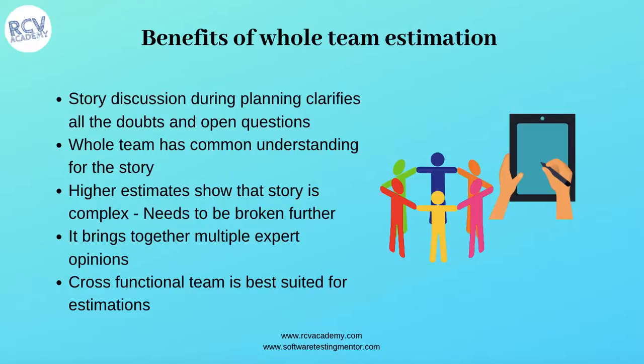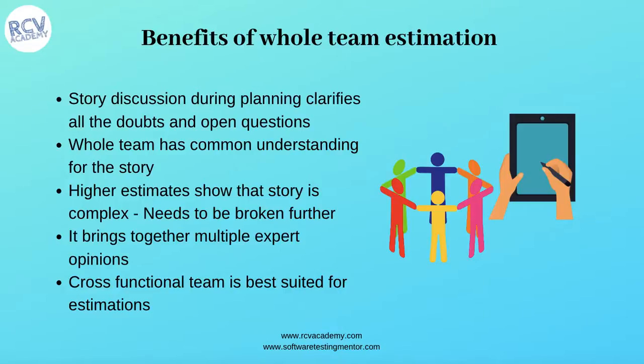There is a lot of discussion, tasking happens, subtasks are created, and risks are discussed, so everyone in the team is aware of what tasks and what level of risk there are, what the complexity of the story is, how the story will be implemented, and what the design around that is. At a high level, everything is discussed within the team, and the whole team comes to a common understanding of that user story.